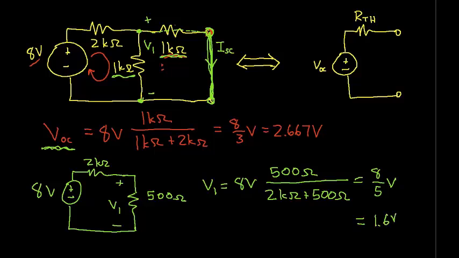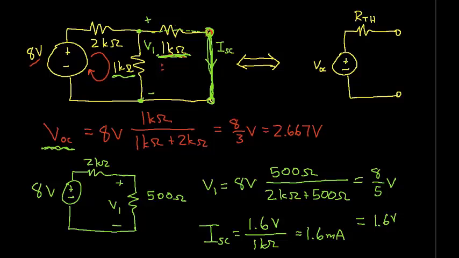And then I want ISC, and as I said, ISC is the voltage across the 1k ohm resistor across this guy. So that's going to be 1.6 volts divided by 1k ohms, which is then 1.6 milliamps.